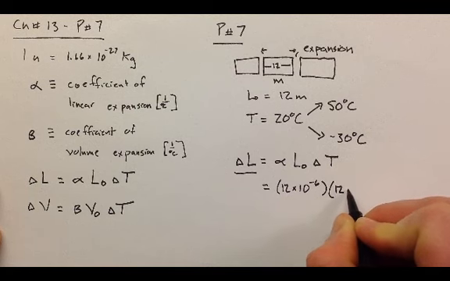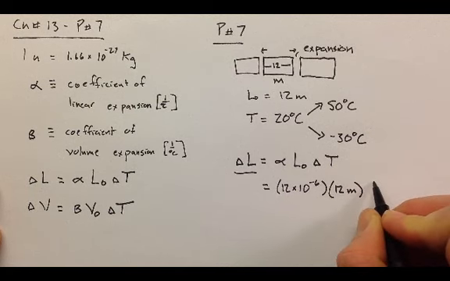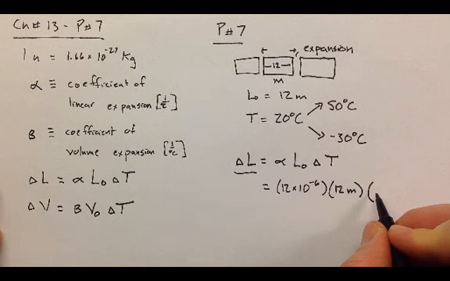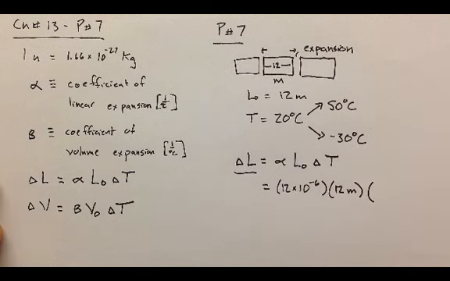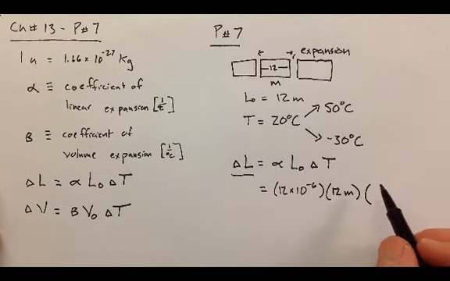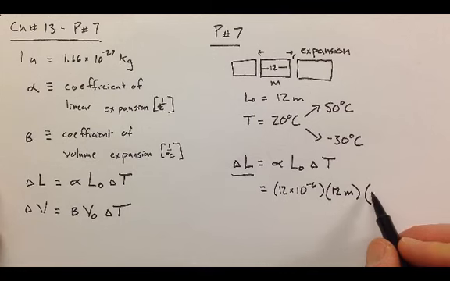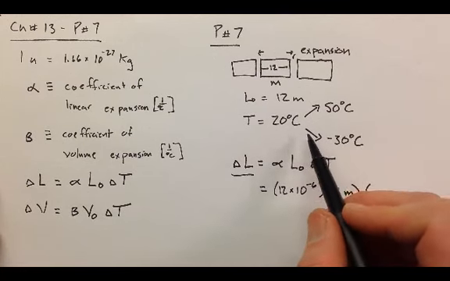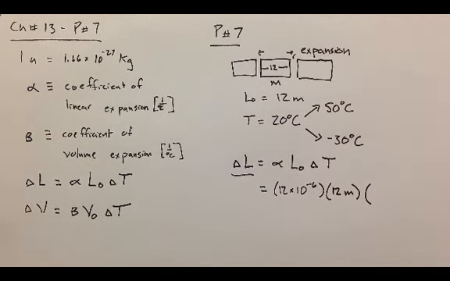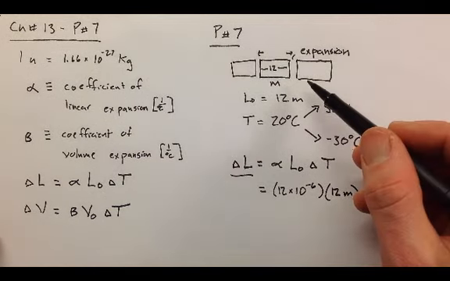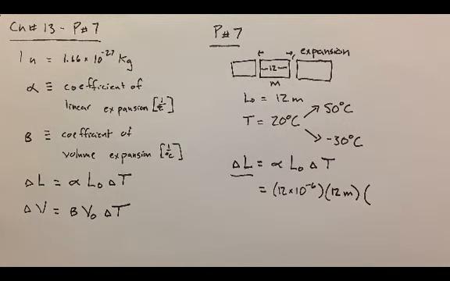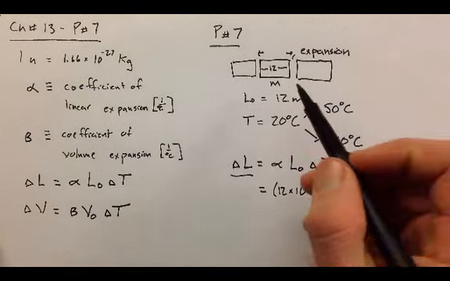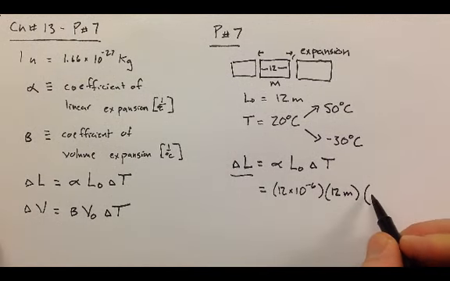The original length is 12 meters. And then we just need to figure out the change in temperature. Now, notice that this would be the final temperature minus the initial temperature. Now, notice that we're not really concerned about the slab getting too cold. If the slab gets too cold, it will shrink, but we're not really concerned about shrinking because they won't expand into each other if they shrink.